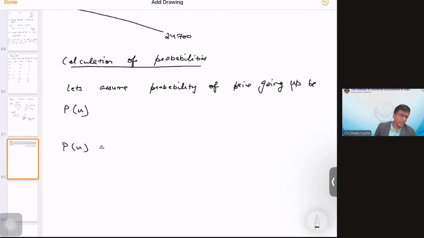The probability of price going up will become (1 plus R%) minus D, divided by U minus D.